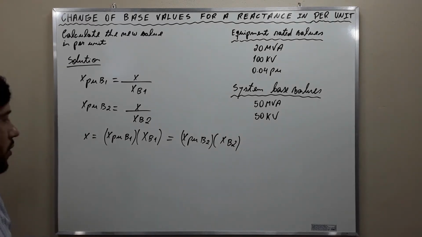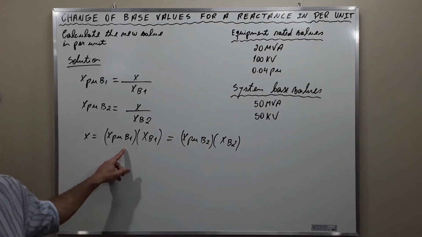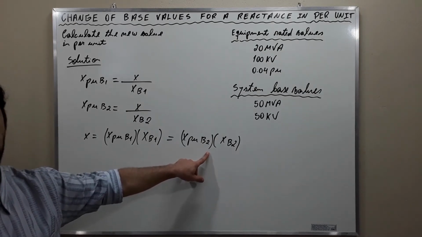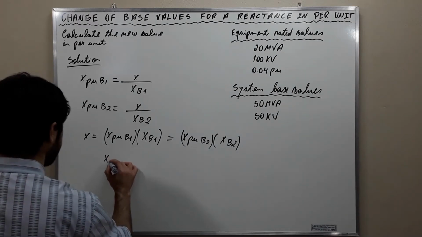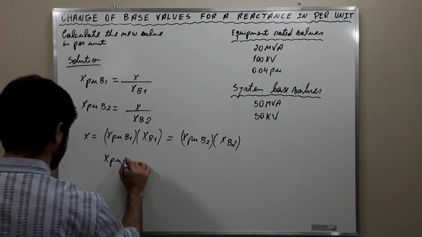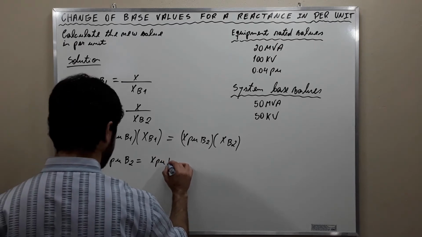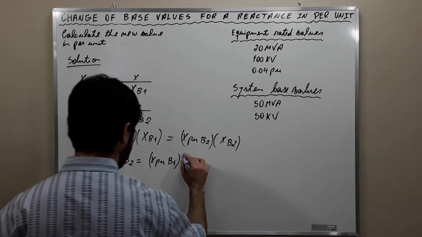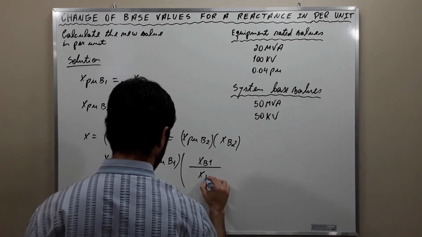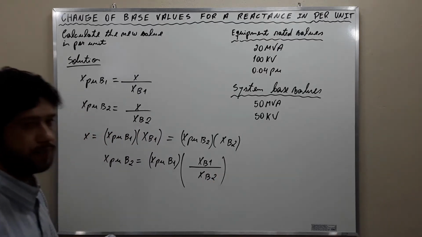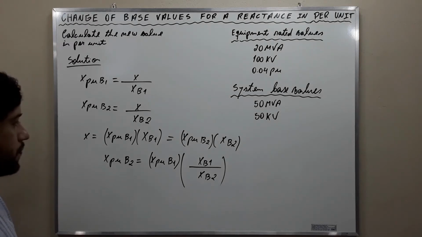How do we understand this? We understand that using the value of X, we can correlate the values in system 1 with the values in system 2. And from this we get, okay, this is the expression that we're going to use to solve this exercise.